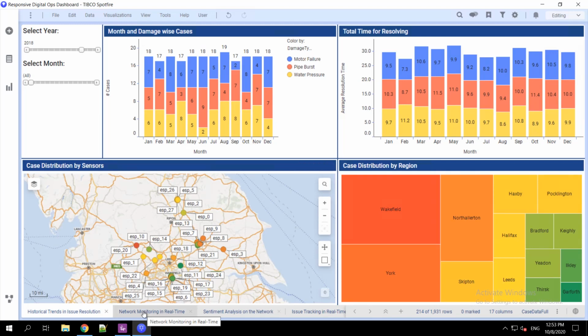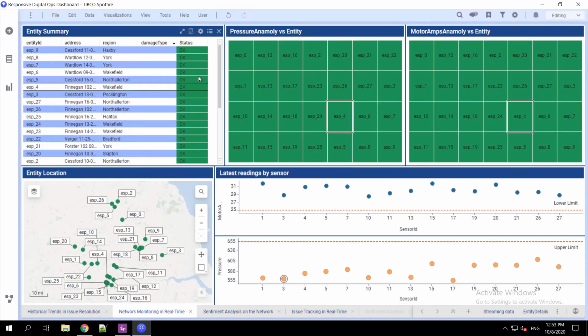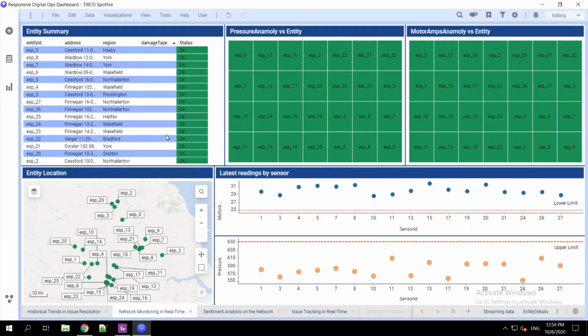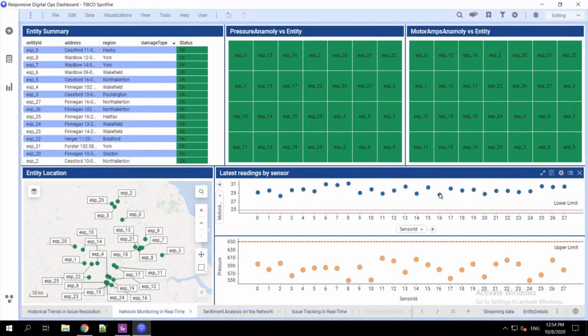Moving on to the next view, this view is basically to monitor the network in real time. Let me start this real-time simulation. Now that I have started the real-time simulation, you can see the sensor data.